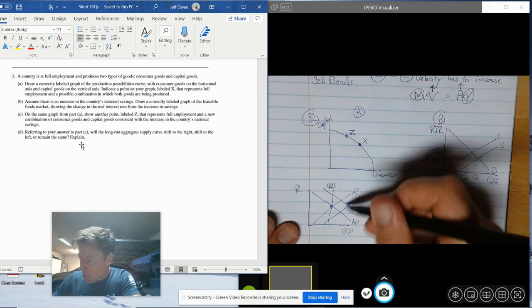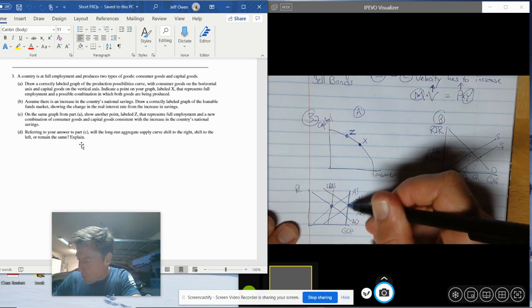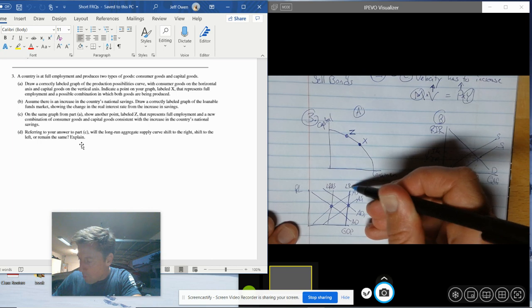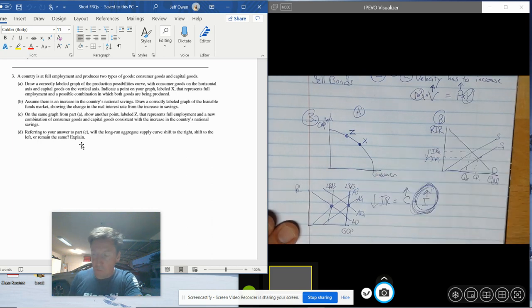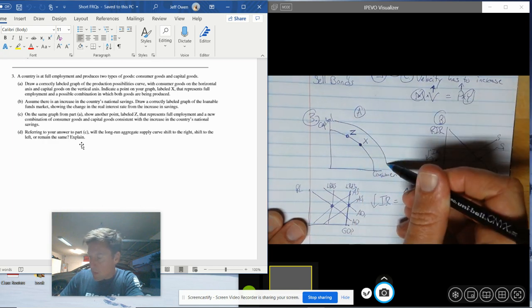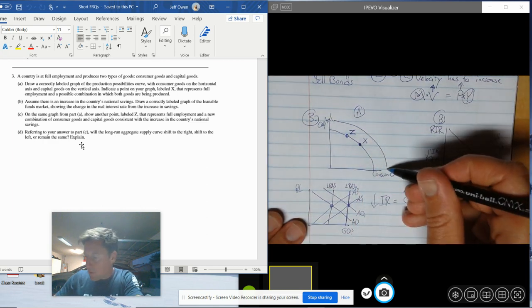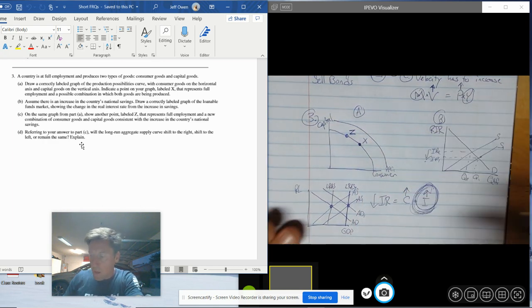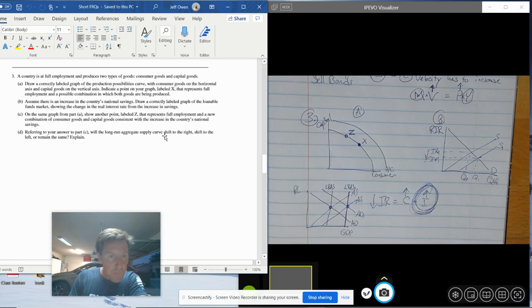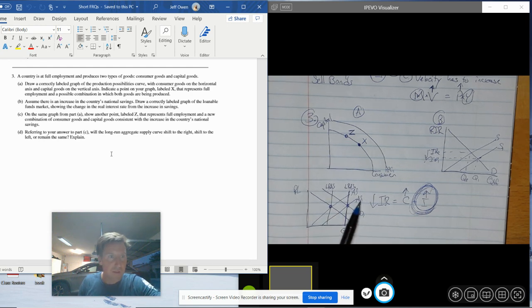This was the long run shift. Please check your notes on shifters for long run and economic growth. So we shifted to long run aggregate supply 1, which would be a shift of our PPC curve to PPC 1. So with that one, we would say that our long run aggregate supply would shift to the right because we've increased our resources in capital goods, and thus our output can grow from long run aggregate supply to long run aggregate supply 1.